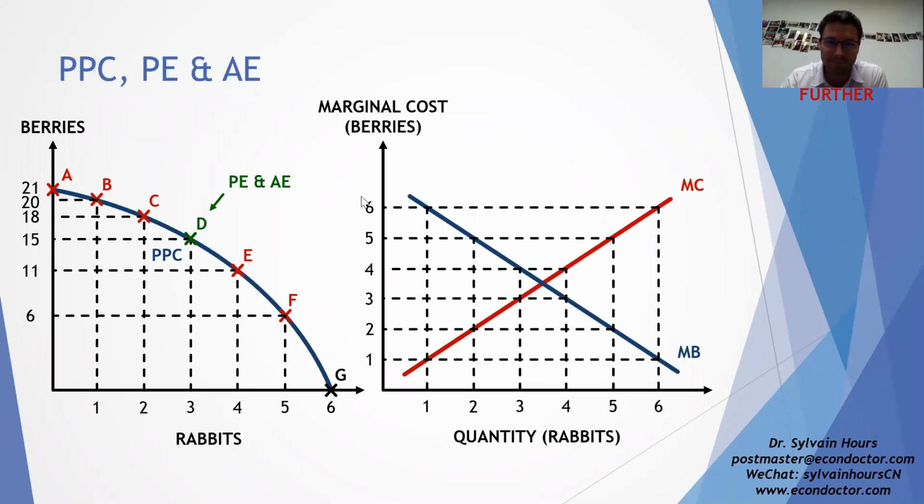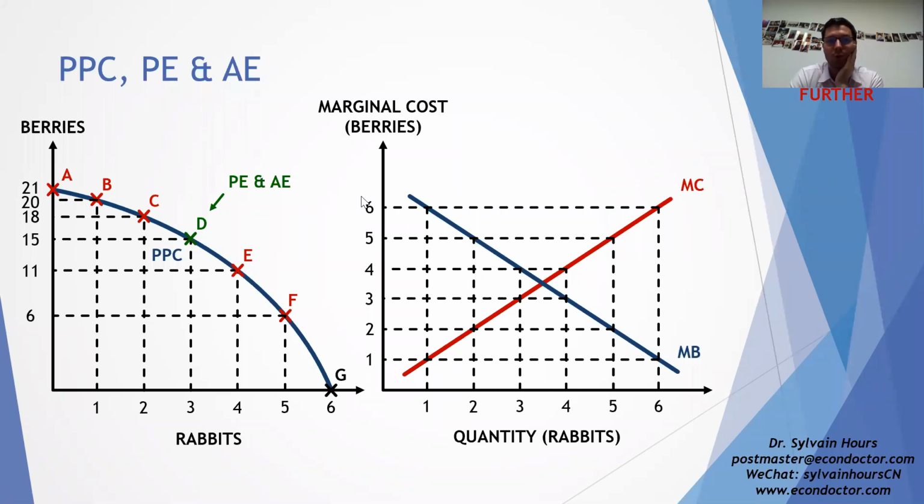So can we say one of the points on the PPC is allocatively efficient? It's a good question. Is this only one? I think usually it is. It really depends on the shape of your PPC, and it depends on the shape of the demand curve. So it depends on consumer preferences, and it depends on the production function.